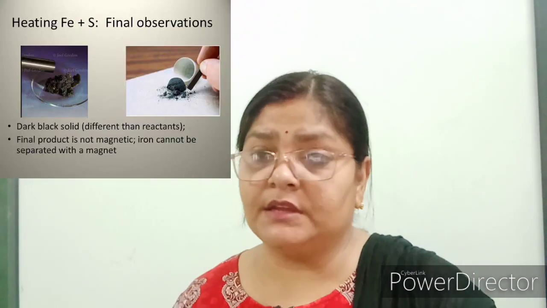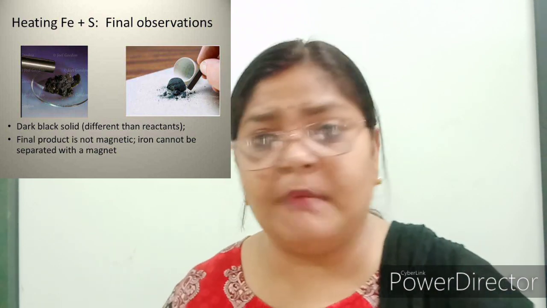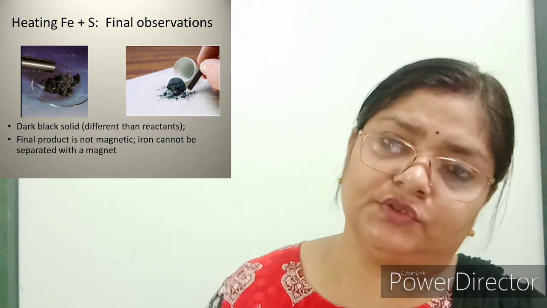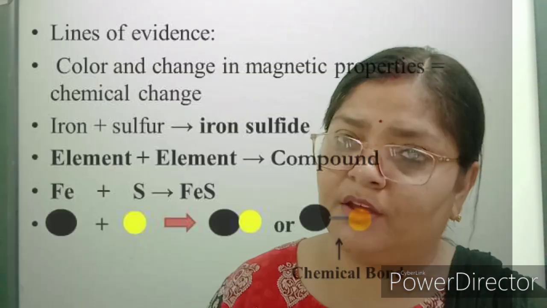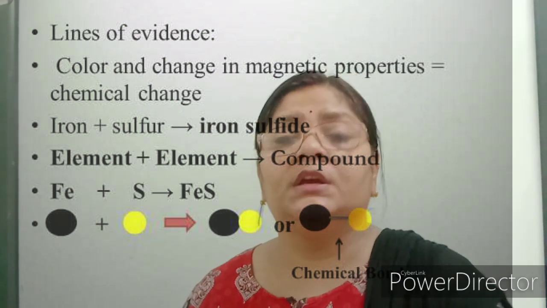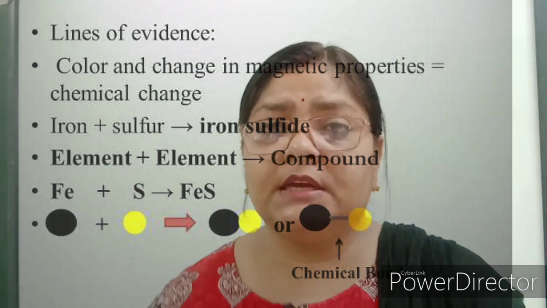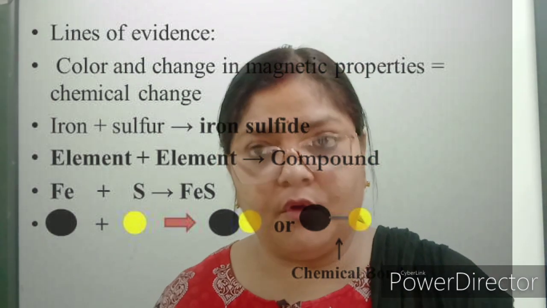But when they combine and form FeS, iron sulfide, this compound is neither magnetic nor does it dissolve in carbon disulfide. So by this we can say it is proved that the compound does not retain the properties of the elements with which it is formed.